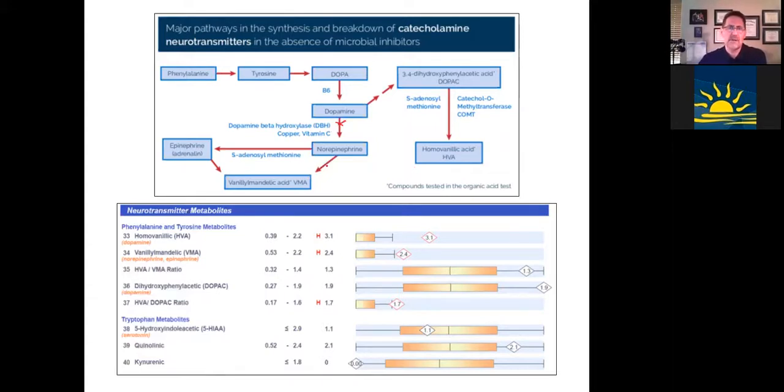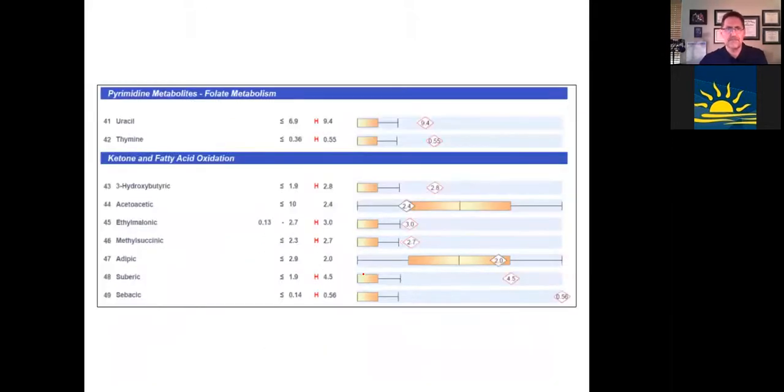It's called fusaric acid. It's not measured on the mycotox test, but it does get produced by Fusarium mold. So it's just something to be aware of. In this particular case, this level of dopamine is occurring because of the Clostridium bacteria.